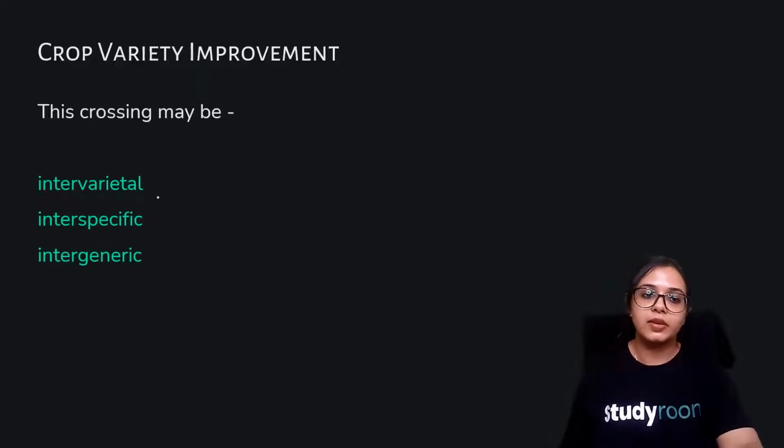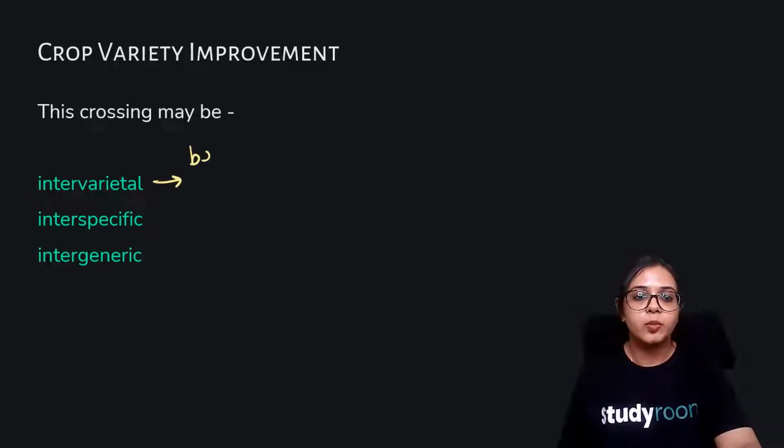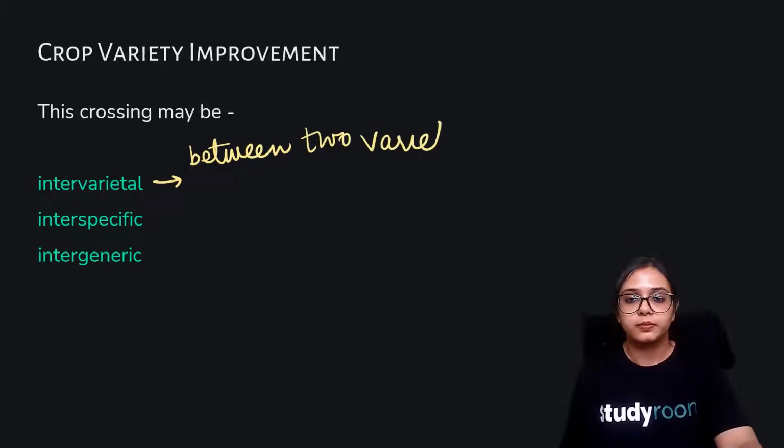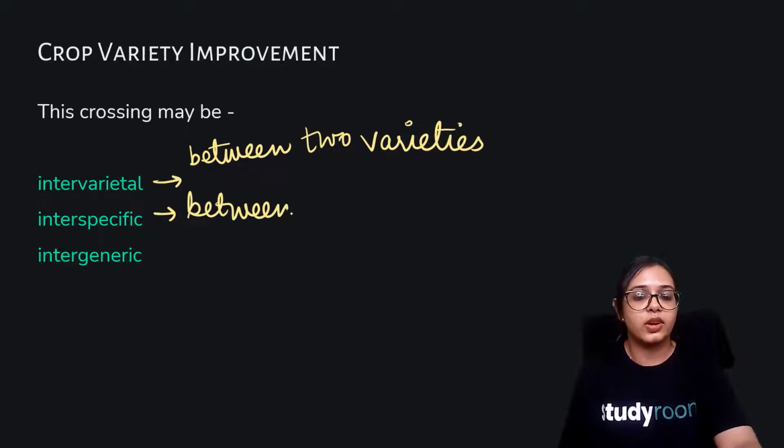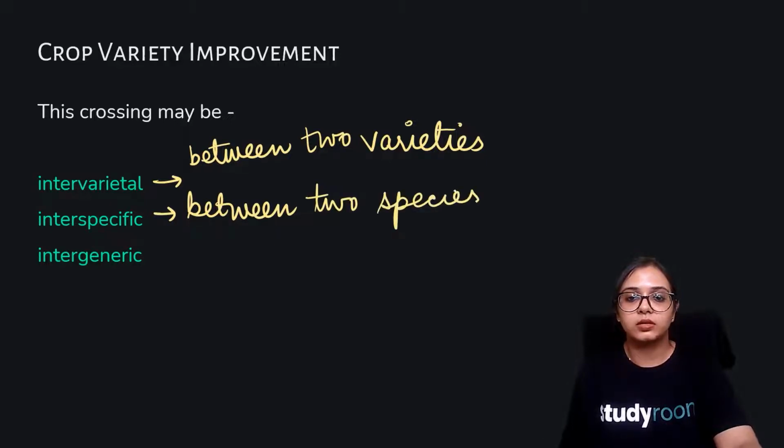This crossing may be intervarietal, interspecific, and intergeneric. Intervarietal means between two varieties of plants. Interspecific means between two species, which may be of a similar genus.